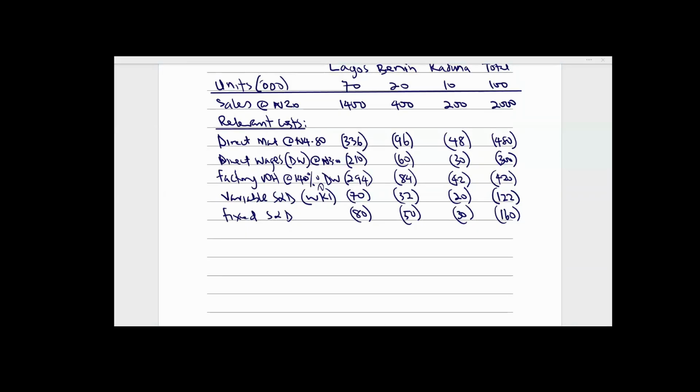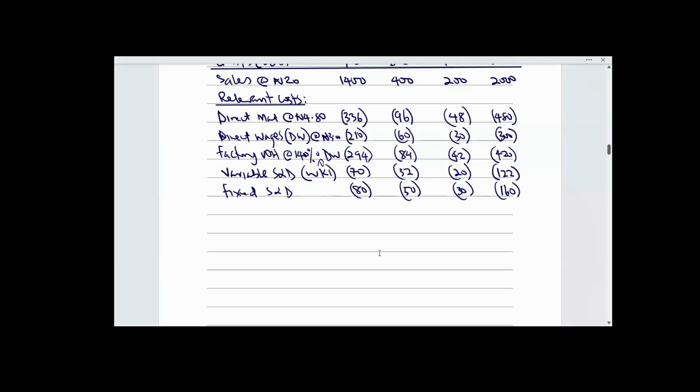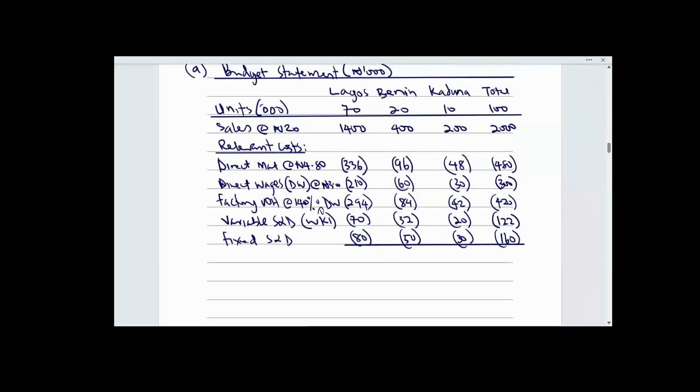So you only consider the fixed overhead when you want to determine profit. So at this point, let's determine our contribution. The difference between sales and total relevant cost will give us contribution. Let's be fast so that we can complete on time.